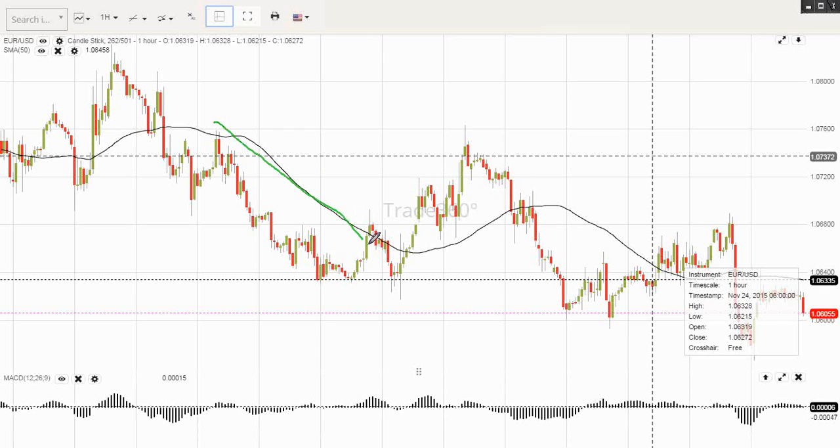As an example, if you look at it over here, you can see that the direction of the moving average is downwards. So therefore, it doesn't make sense for us to consider any long opportunity for euro dollar that we are looking at right now from this level onwards and up until here.